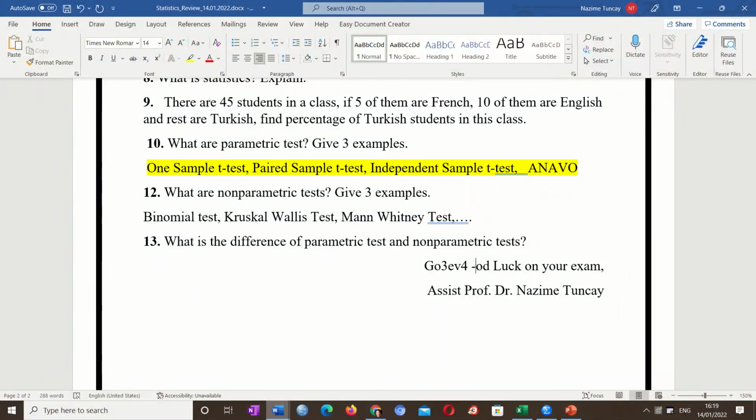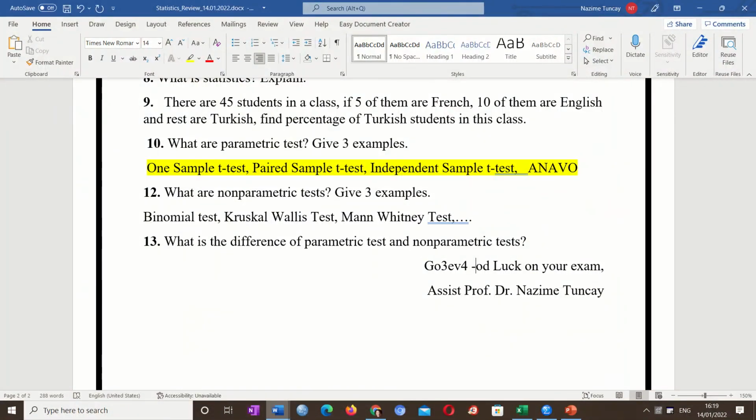We have to select our sample in such a way that we have a similar number of participants from each different group. And these groups should be bigger than 30. Each group should be bigger than 30 for having parametric tests, for having more reliable tests. And parametric tests work with the mean, which is more accurate.